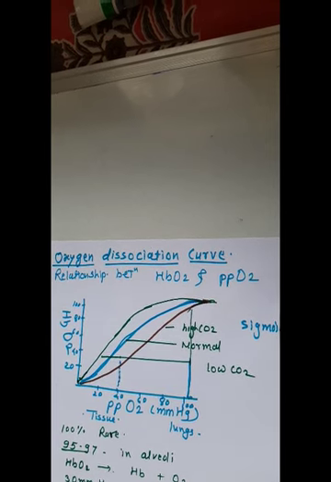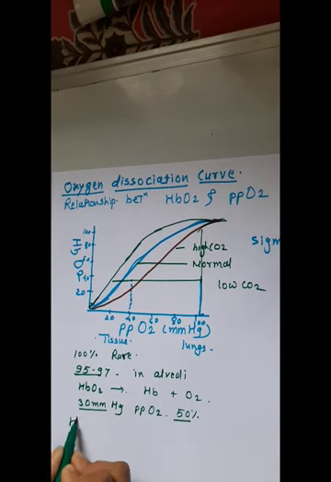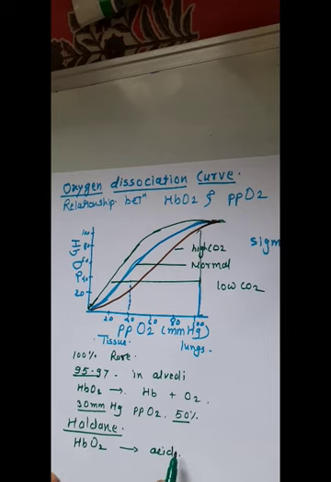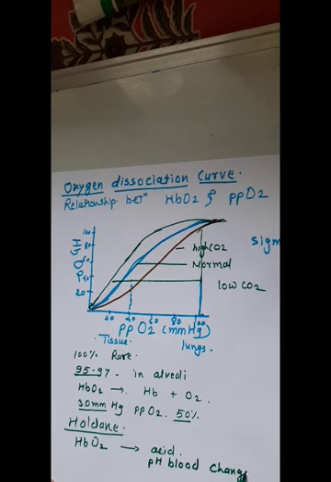So what is the other effect? The Haldane effect. Haldane effect means oxyhemoglobin, HbO2, functions as an acid, and that's why the pH of blood changes.